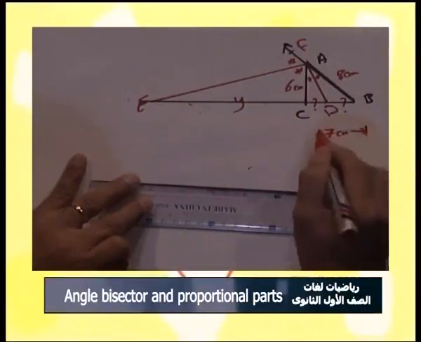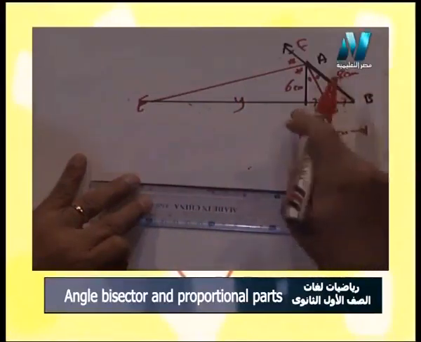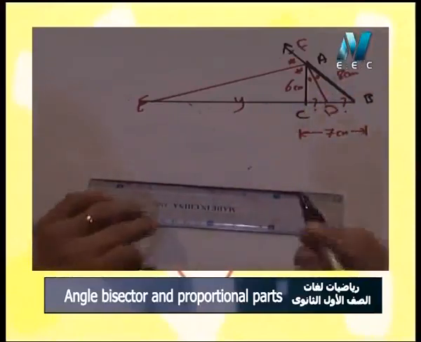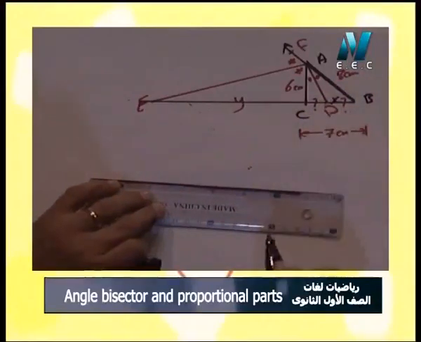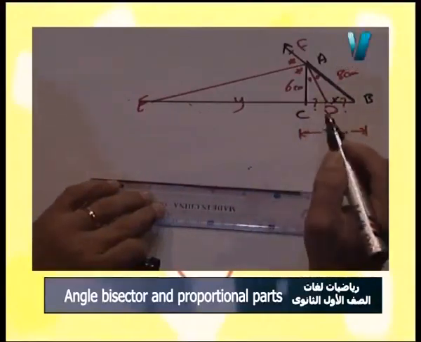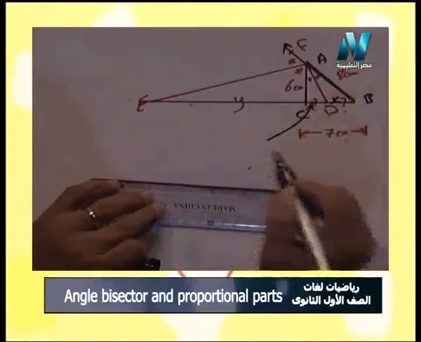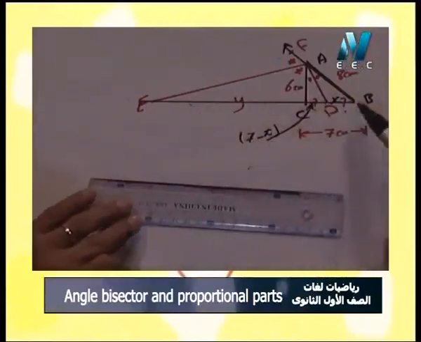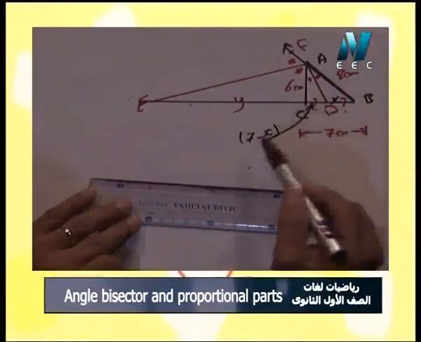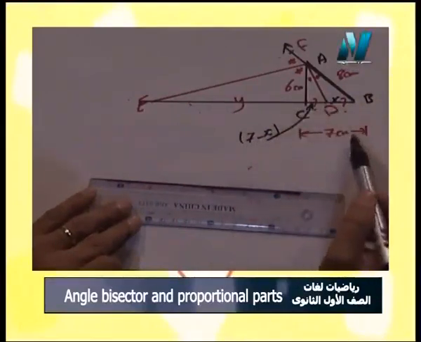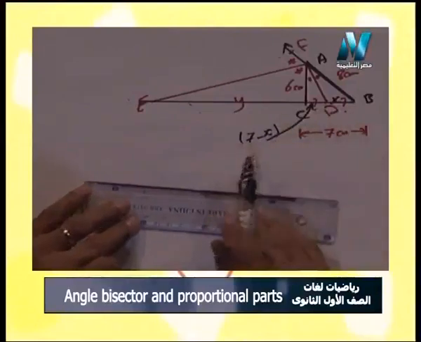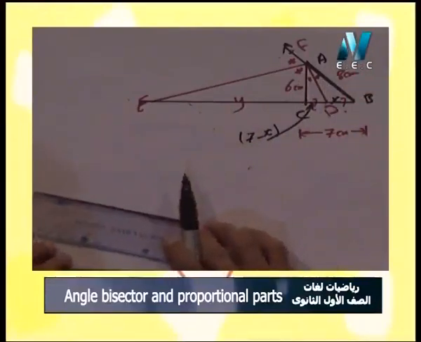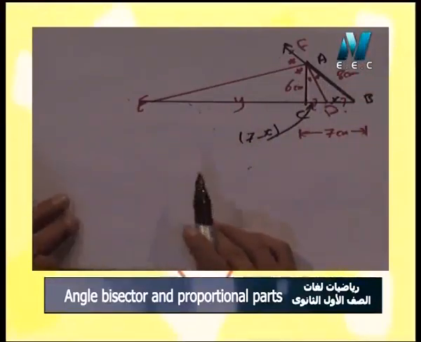The whole length of CB equals 7 centimeter. So we can call DB equal x and CD equals 7 minus x, because the whole length of CB equals 7, and we have AC equals 6 centimeter and AB equals 8 centimeter.